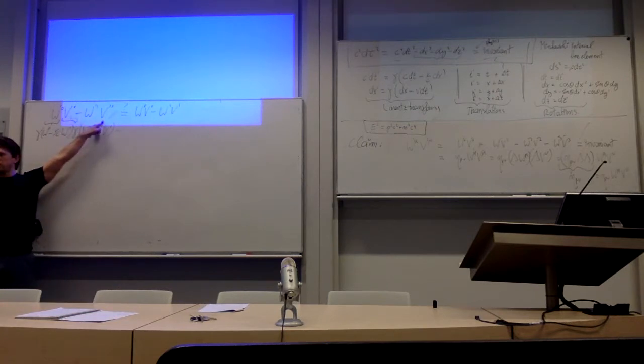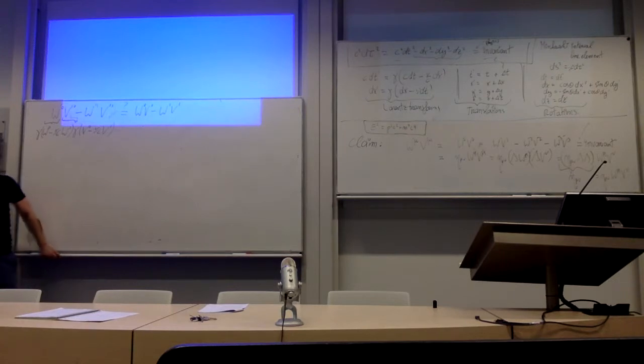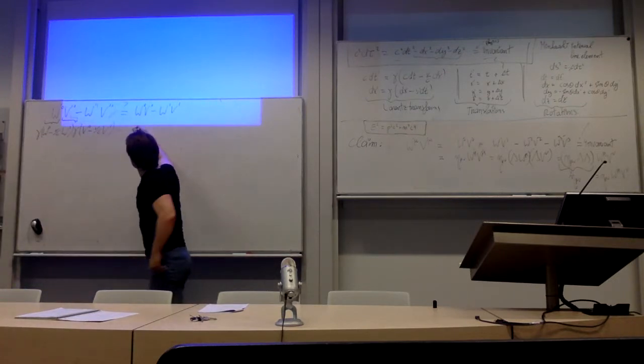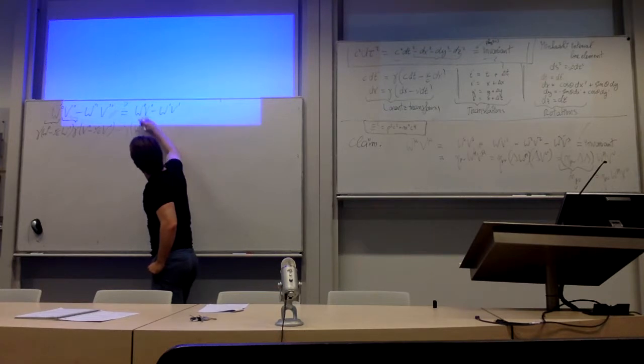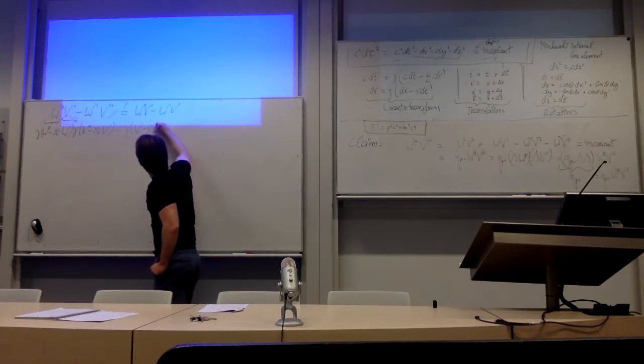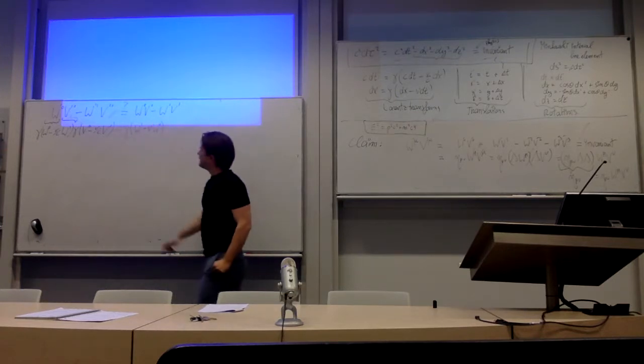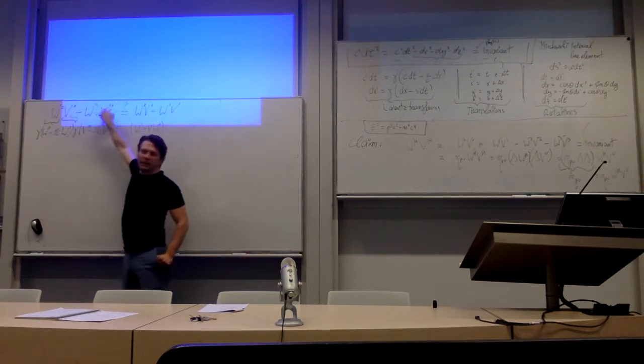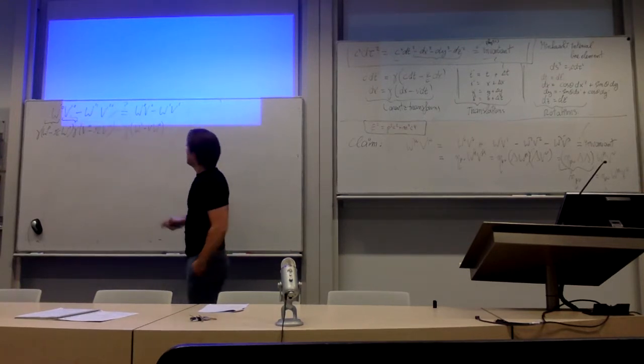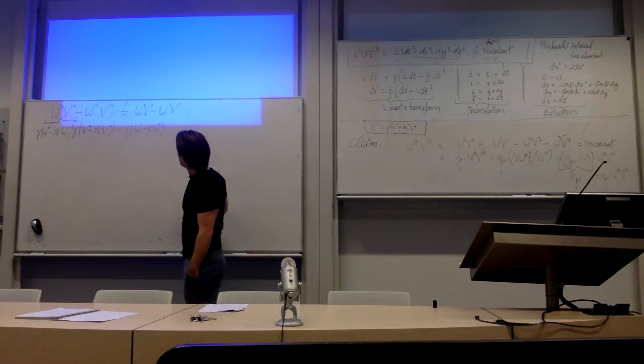But minus these 2. How does omega 1 prime transform? Yeah, small v. Okay, that's this one. And then there's this one. How does that one transform?